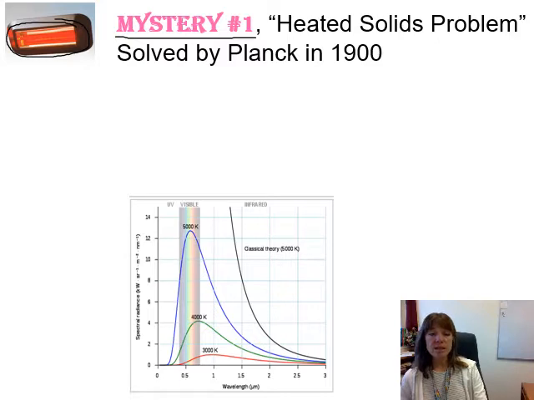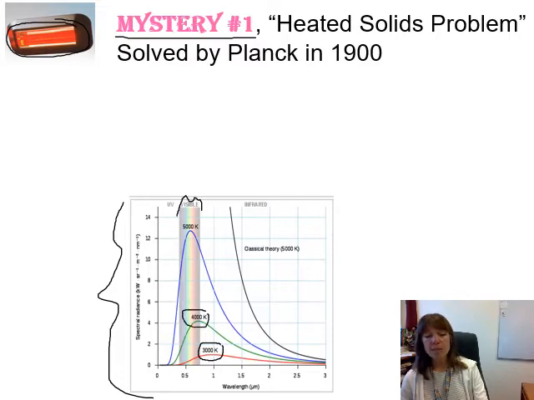So he was studying them, and this picture is not out of your textbook. Your textbook has something similar, but you can see this visible range here, we just talked about electromagnetic radiation, and when you heat a solid, if you look at this picture, you have 3000 K, that's how hot it is, and you have 4000 K, and 5000 K. As you heat up a solid, and I guess we're assuming this is the same solid, it starts to glow, and it starts to glow red.